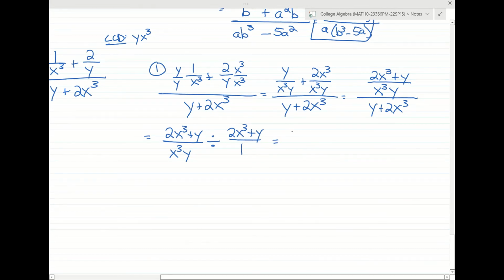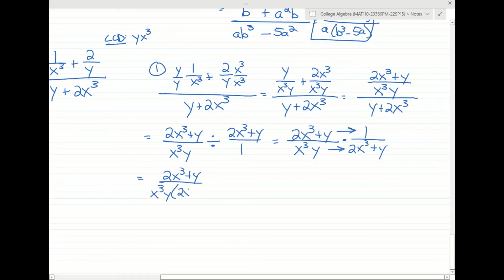And then when we multiply by the reciprocal, look what happens. Multiply straight across, wind up with just 2x to the third plus y divided by x to the third y times 2x to the third plus y. And what cancels? So you just get 1 over x to the third y.